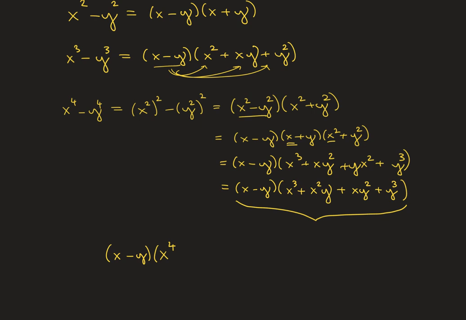So x to the fourth plus, the exponent is going to decrease by 1, x to the third power, and then a y will show up. X will decrease again, x to the second power, and then a y will show up, but with one more exponent, plus x times y cubed, and last but not least, plus y to the fourth. Okay?